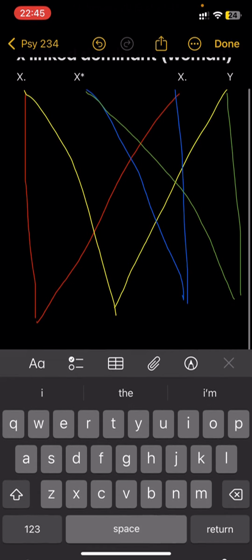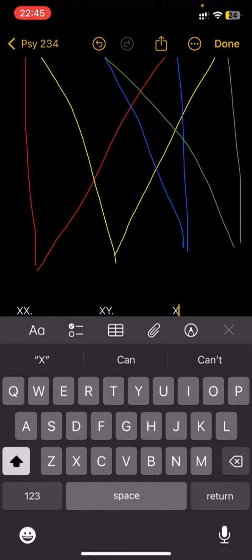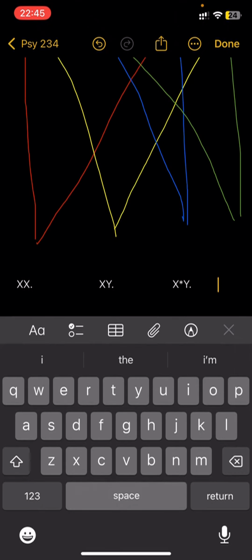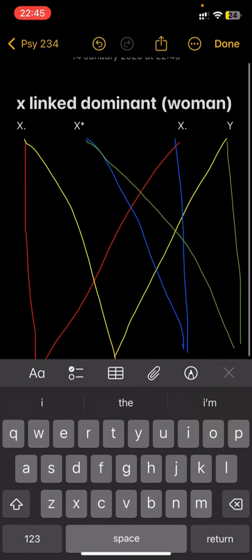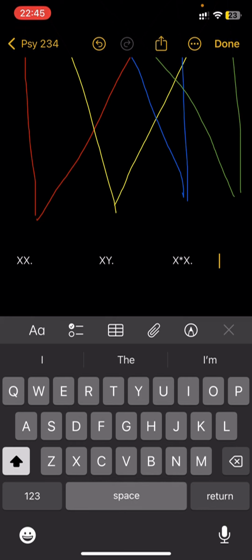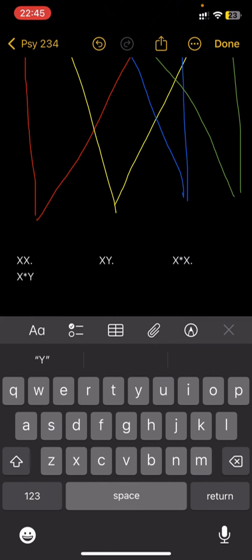Then under the blue, that will be an X that has the disease, and Y. Then under the green, sorry, this is XX. And under the green, we have X and Y.